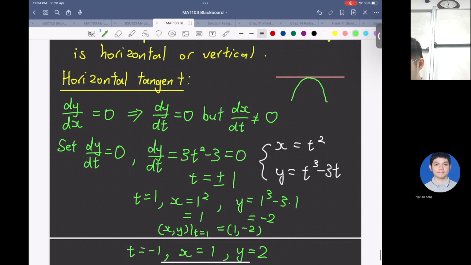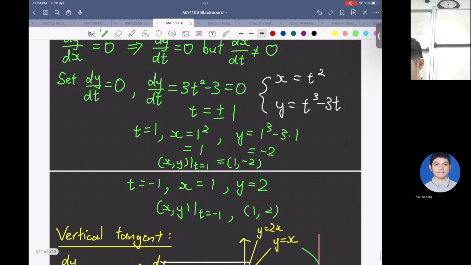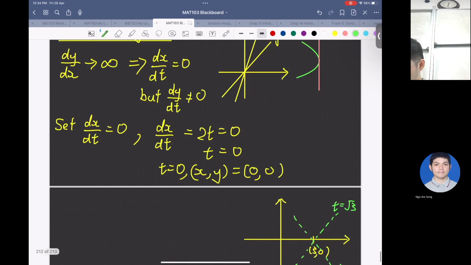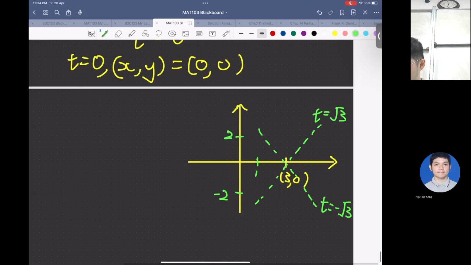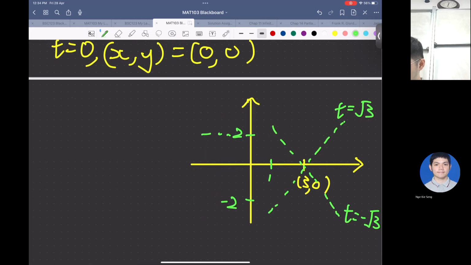And then we have some vertical and horizontal tangents. Let's draw the horizontal first. So we have (1, -2) and (1, 2). Maybe we plot here as 1, here as 2, here as minus 2. And then we get a horizontal tangent at this point, and another horizontal tangent at this point.